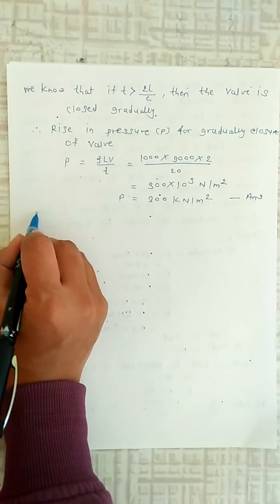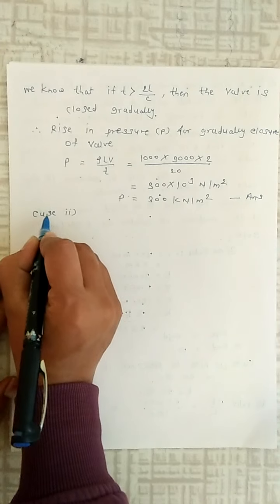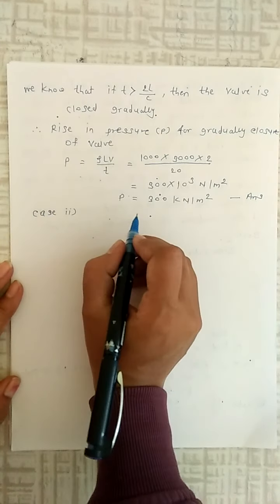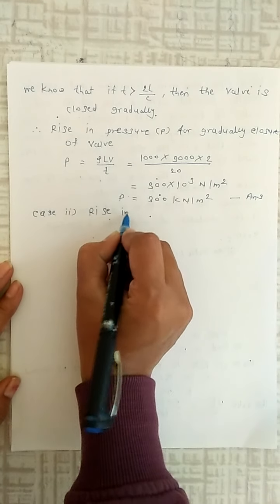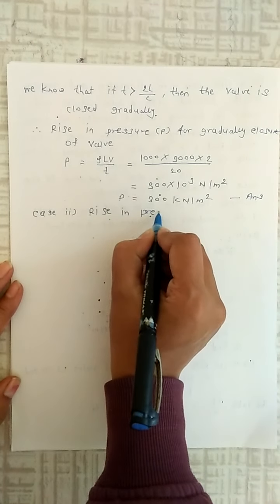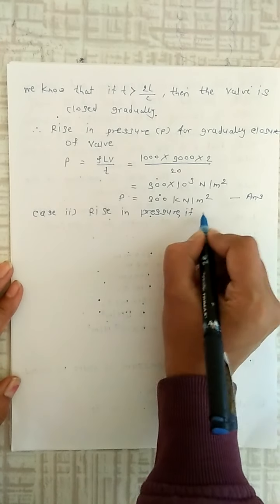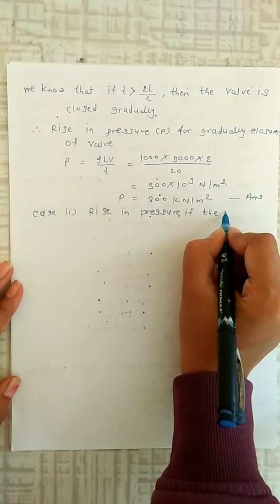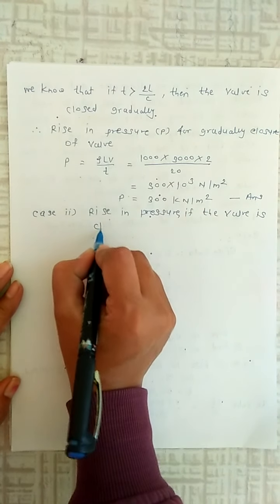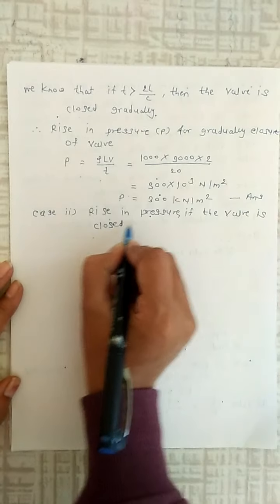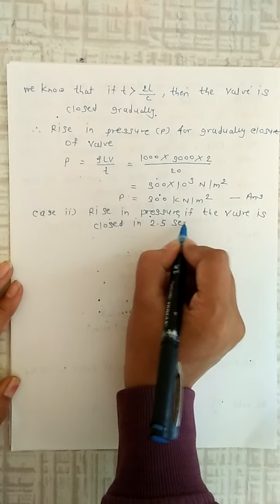So for case second, we write the rise in pressure if the valve is closed in 2.5 seconds.